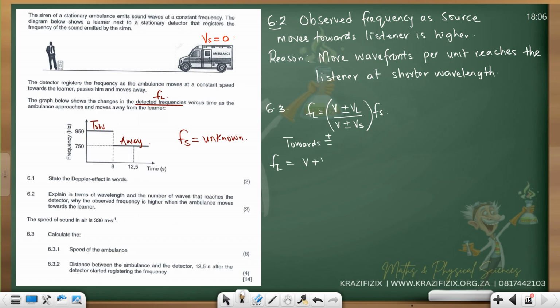So it's VL there, V. Are we good? Do I know the frequency of the listener towards? Yes. What is that? 950. Speed, please don't be used to 340. Look at the question. But do you notice I do not know that? I do not know.